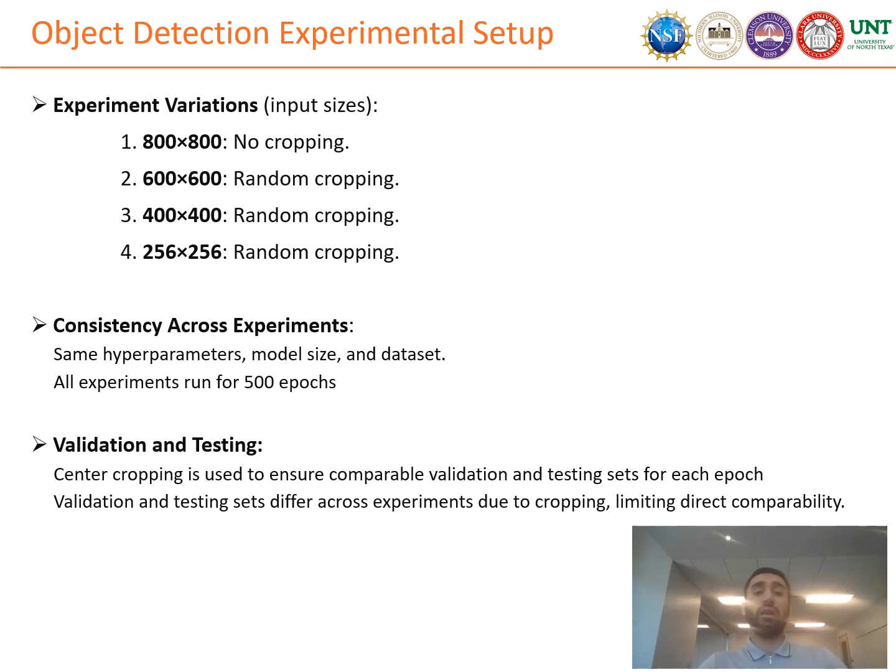Despite these variations in input size, we ensured consistency across all experiments by keeping the hyperparameters, model sizes, and all other constants. All experiments were executed for 500 epochs to ensure sufficient training time and model convergence. For validation and testing, we used center cropping to ensure that all validation and testing sets were comparable across experiments.